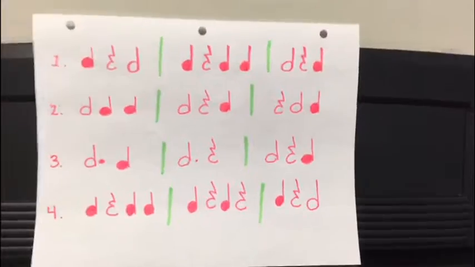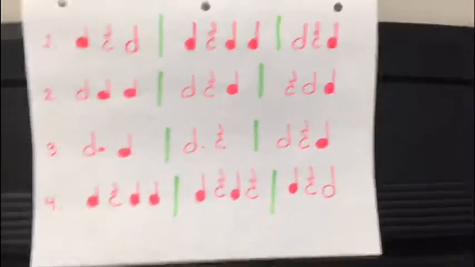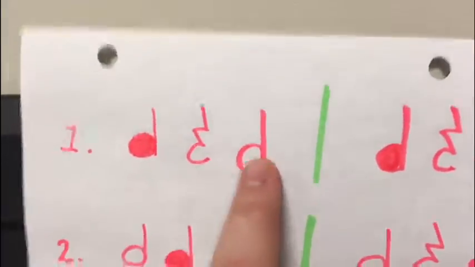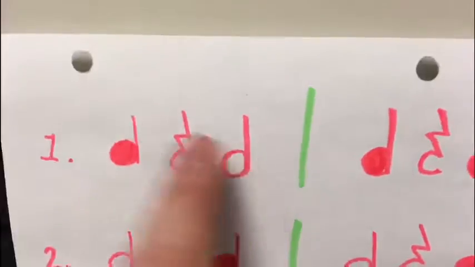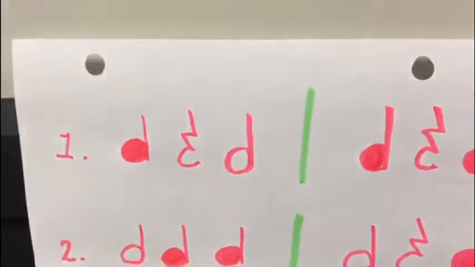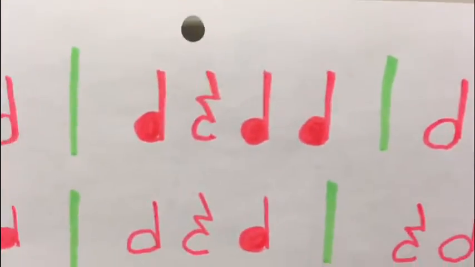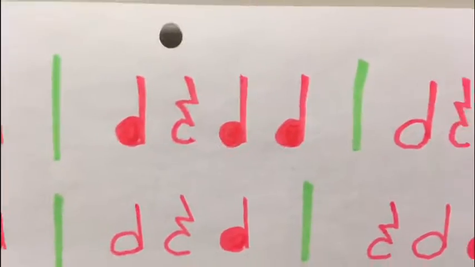So hopefully you got them all right, but if you didn't, that's okay too, because we're going to go through each one. So what you're hearing here is 1, 2, 3, 4. So note, rest, long note. So short, rest, hold. So that's going to sound like this. Note, rest, hold. The difference between that one and this one is we'd go note, rest, note, note.